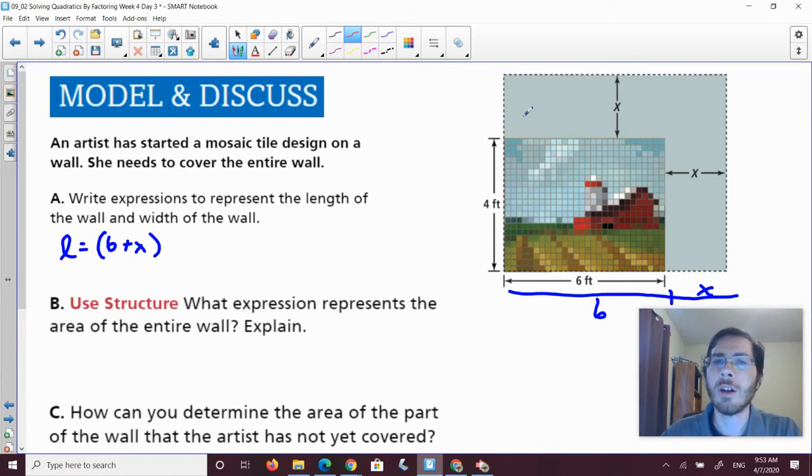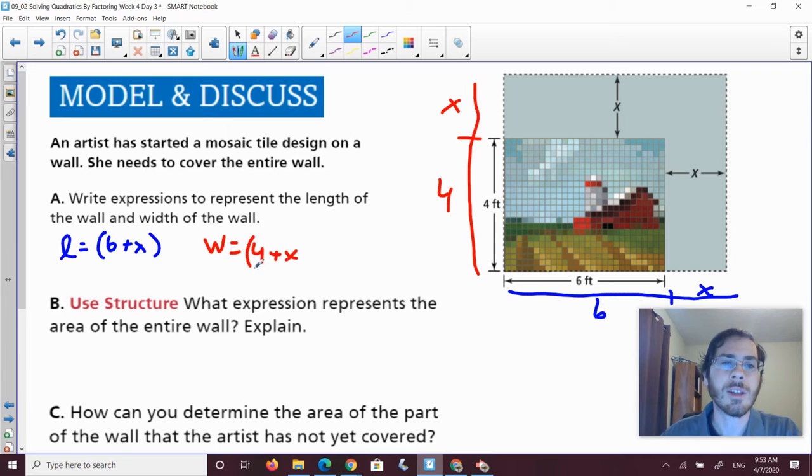The width of the wall has to be our up and down length. So our width's going to be 4, because we got 4 right there. And then this piece is x. So our width of the wall is 4 plus x. Now at this point, you might be seeing, it looks like an area, so it looks like we might have to do something with the area model from last section. We'll find out.